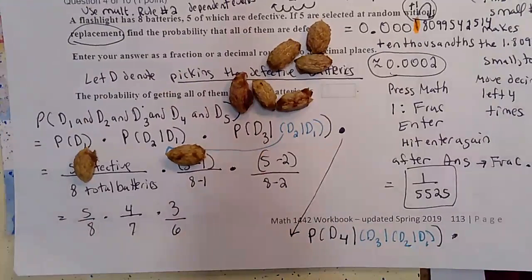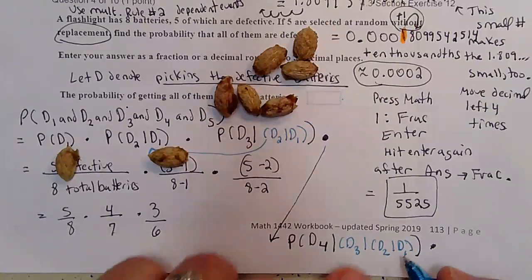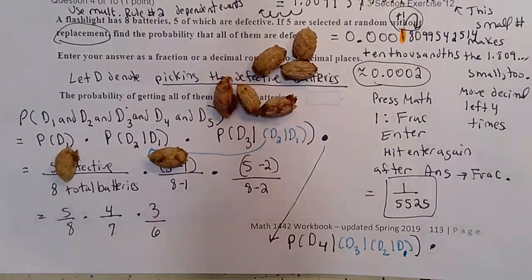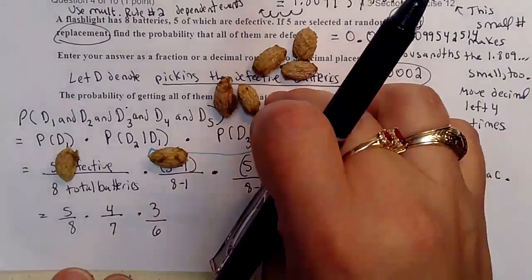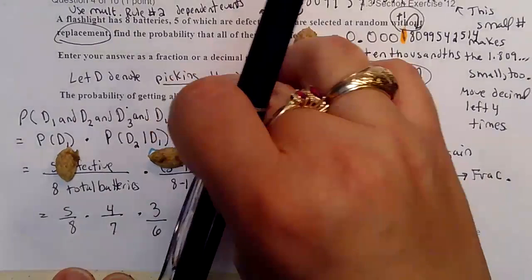Okay. So then this is the 1 right here. So then you've chosen here one that's defective, and now you're left with these here.